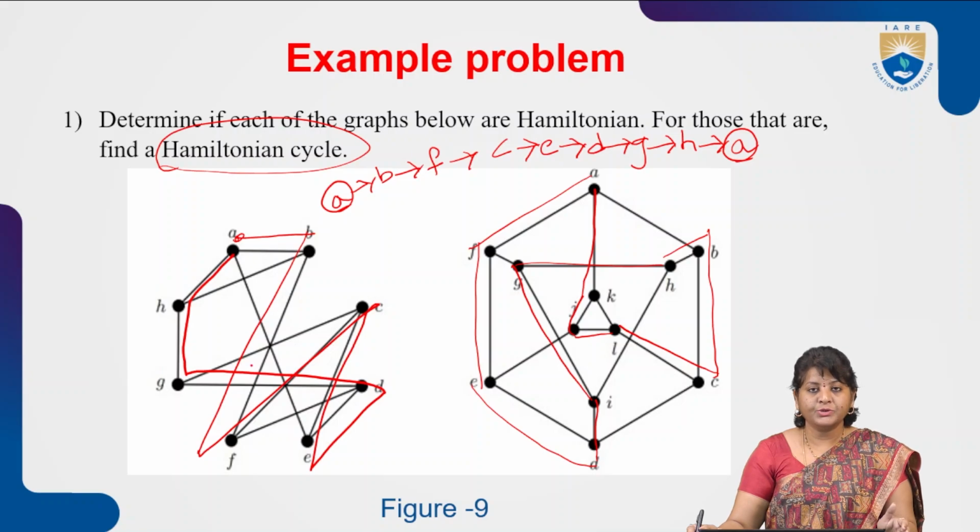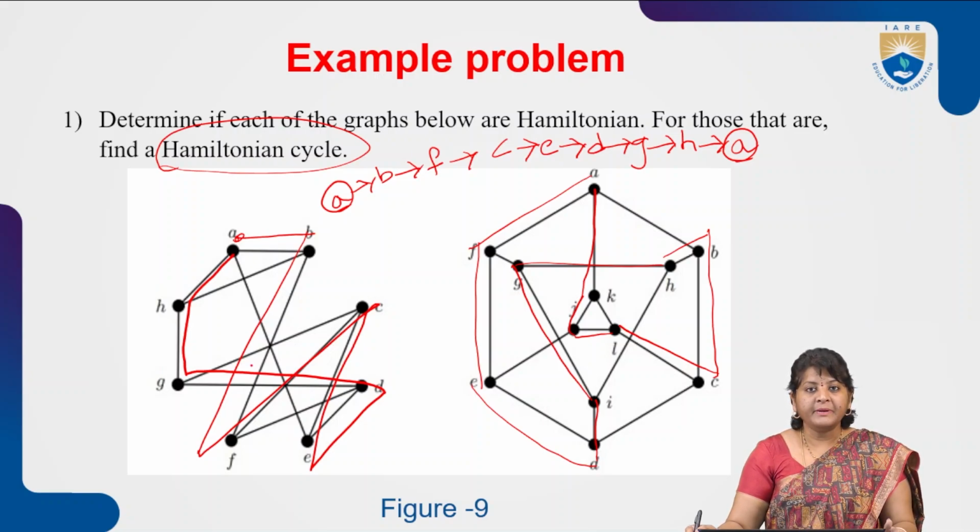Our analysis should be done in multiple ways. In the first possibility I couldn't find the Hamiltonian cycle because I was unable to visit vertex G and unable to close the cycle, since the starting and ending vertex should be A.